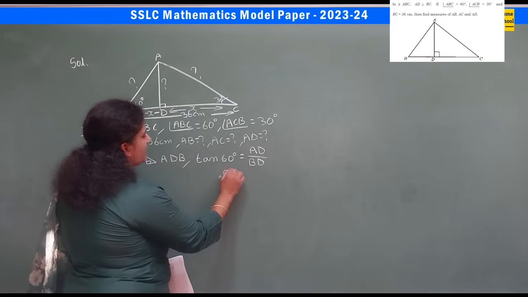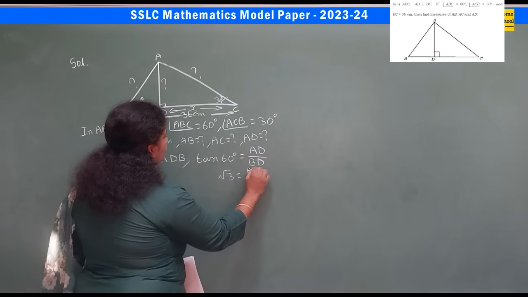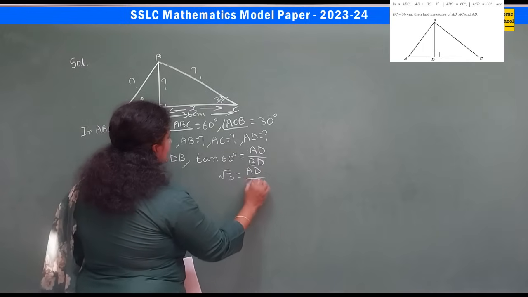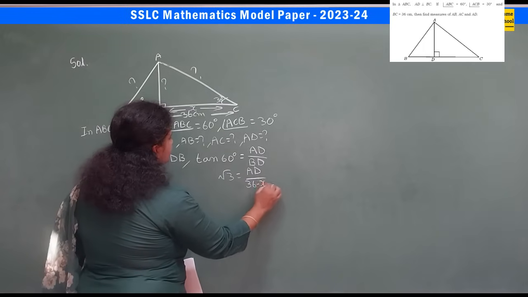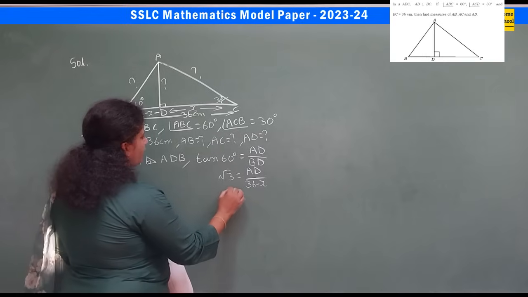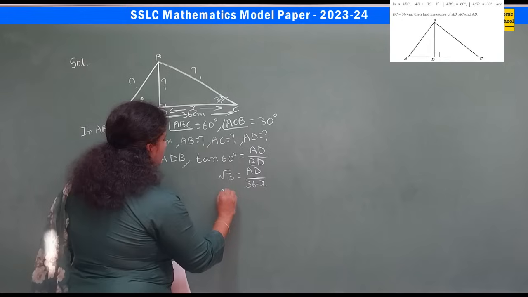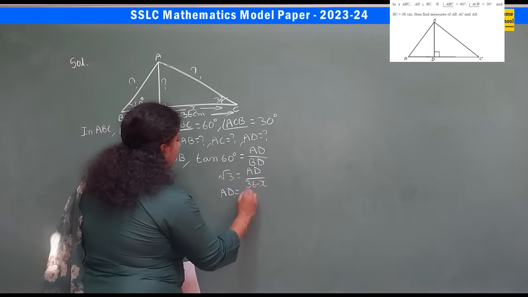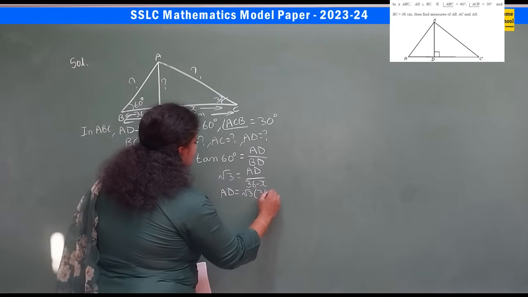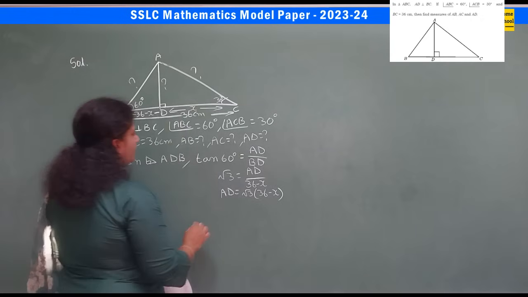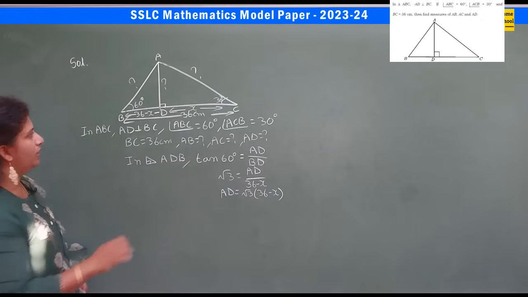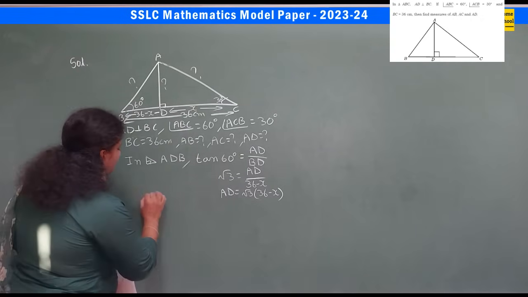Tan 60 value is root 3. I don't know AD. BD value is 36 minus X. So therefore AD is equal to root 3 into (36 minus X). Okay, stop it. Further we cannot do. Now go with another right triangle.